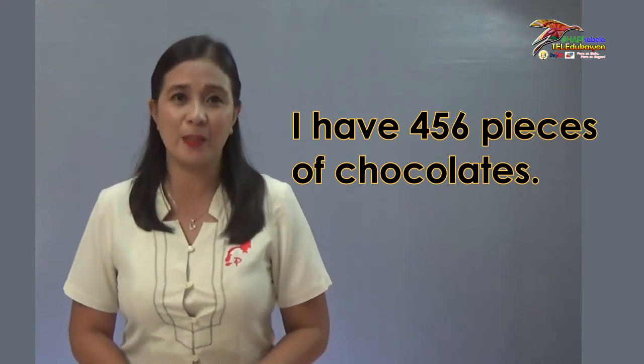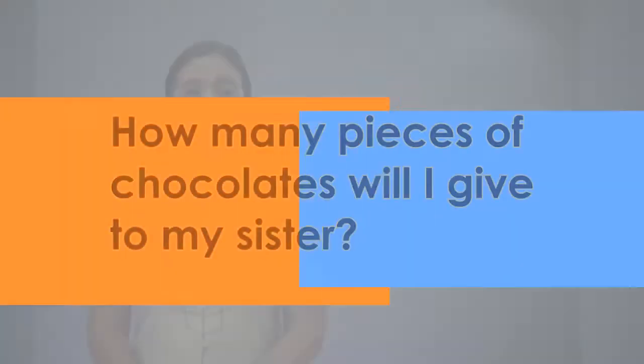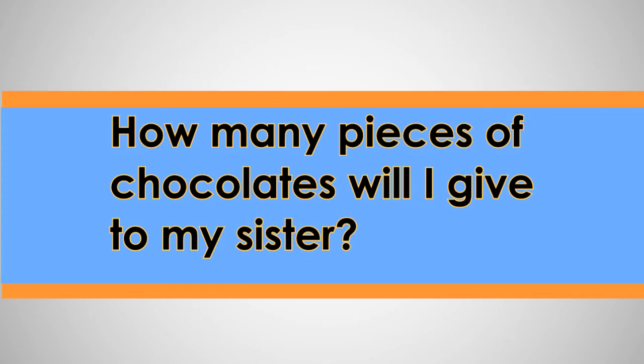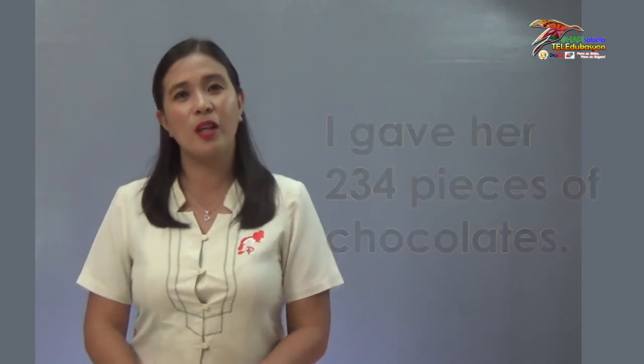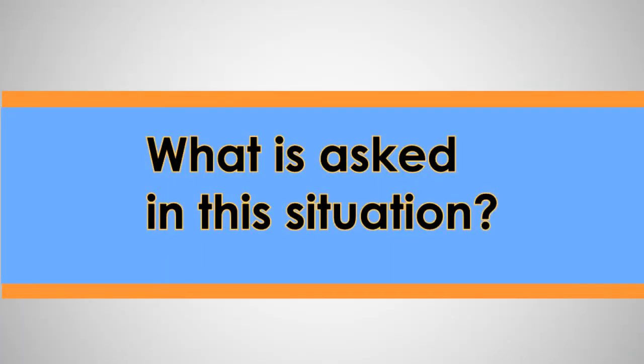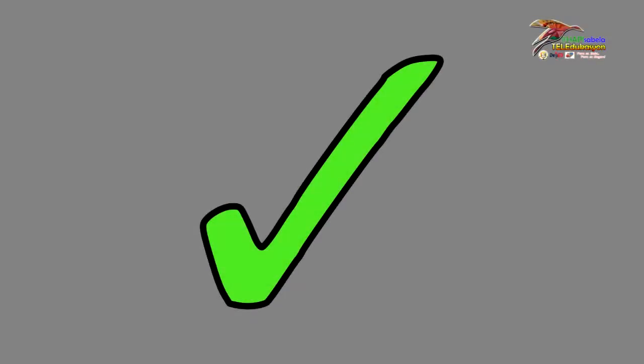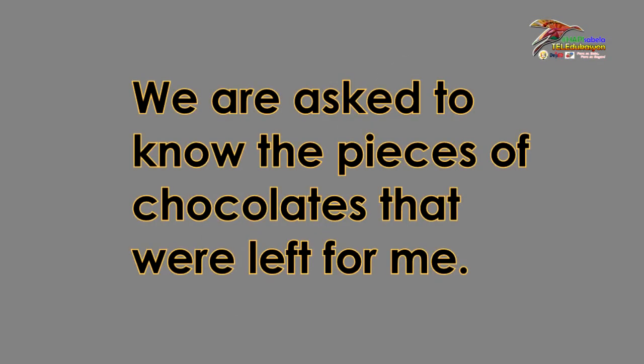Check! I have 456 pieces of chocolates. How many pieces of chocolates will I give to my sister? Check again. I will give her 234 pieces of chocolates. What is asked in this situation? You're correct. We are asked to know the pieces of chocolates that were left for me.